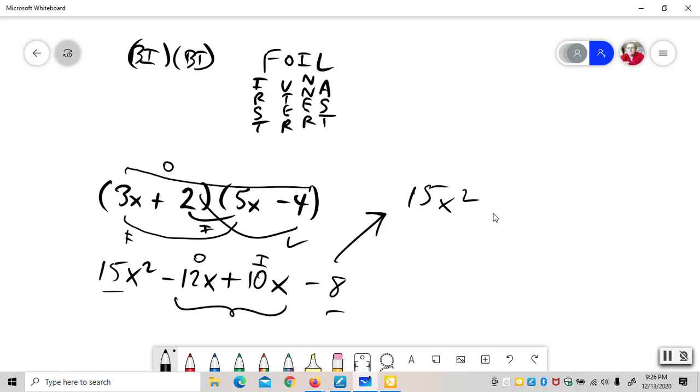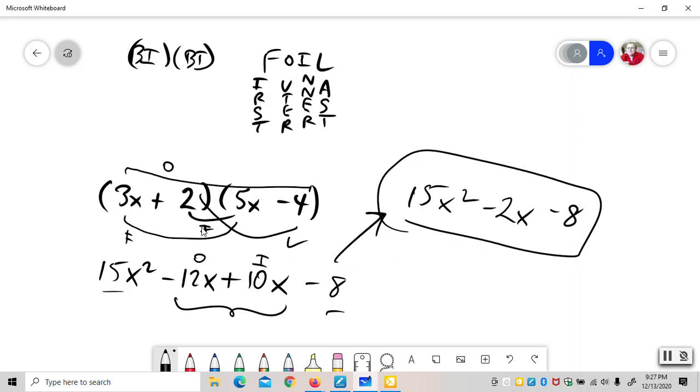Negative 12x plus 10x, subtract and take the sign of the larger absolute value, gives you negative 2x. And the negative 8 is unchanged. There is your answer. And the answer to binomials times each other is going to give you a trinomial.